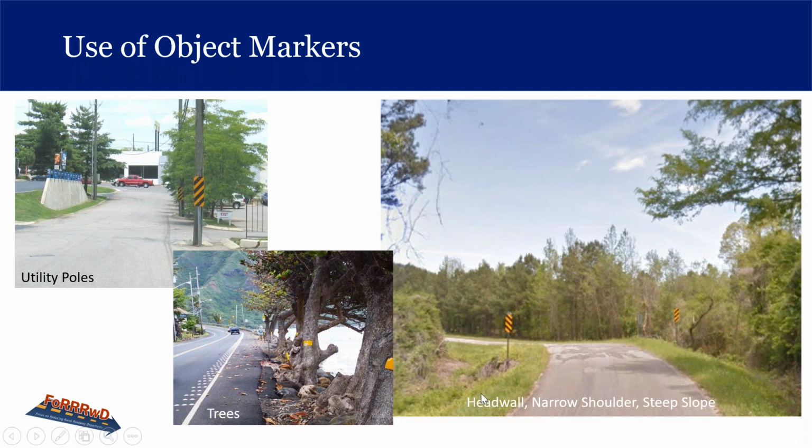You can see we have a drop off here, unsafe drop off, and that's what they put there. It's a severe drop off, and both sides have culverts. So this one over here is marking a culvert over here. So that's examples of object markers.